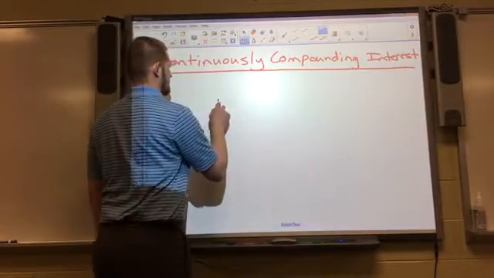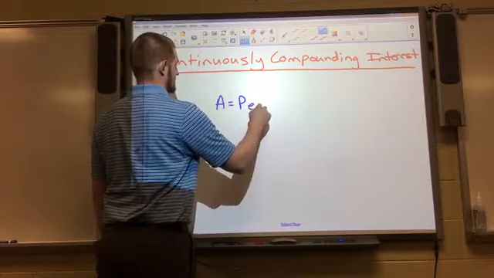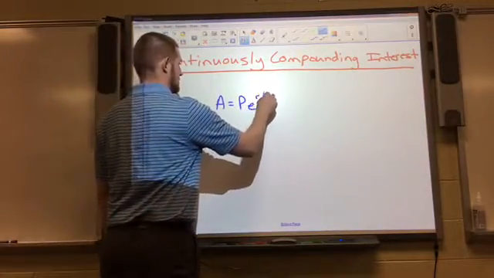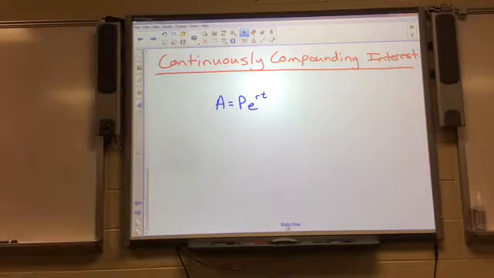And that formula is A equals your principal times E to the RT. Okay. R stands for rate, okay, your percentage, your rate, and T is time in years. Okay, and then P is your principal or your initial amount.